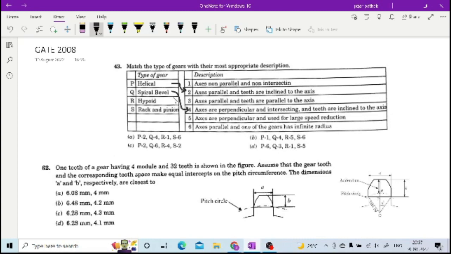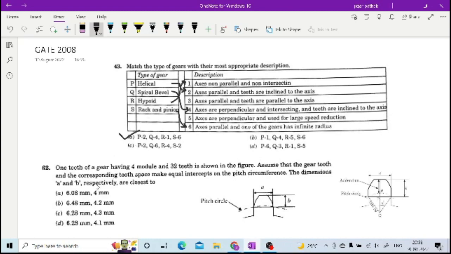So in bevel you have spiral bevel and zero bevel and all variations there, right? For R it is actually hypoid, it is non-parallel, non-intersecting axis, right? And for rack and pinion, axes are parallel and one of the gears has infinite radius, which we have seen earlier. So A is the correct answer.